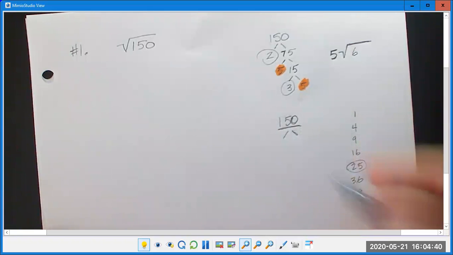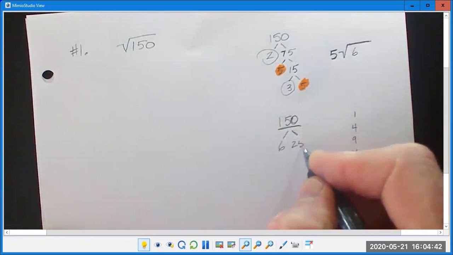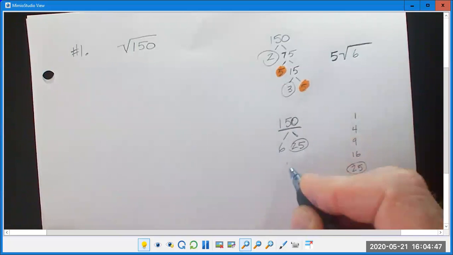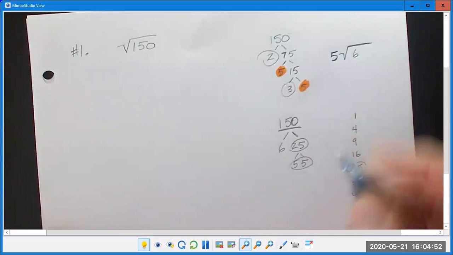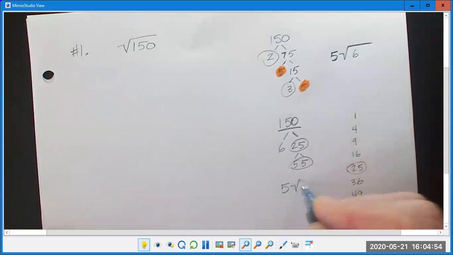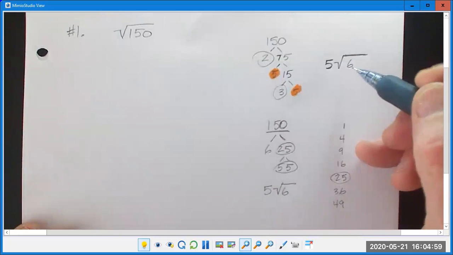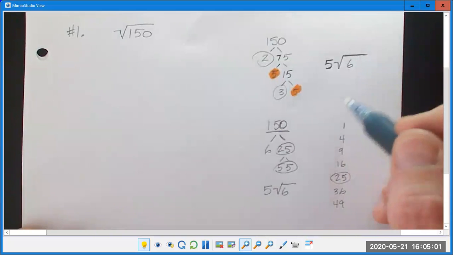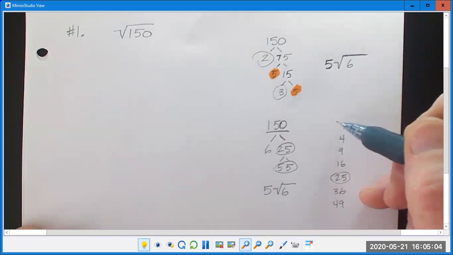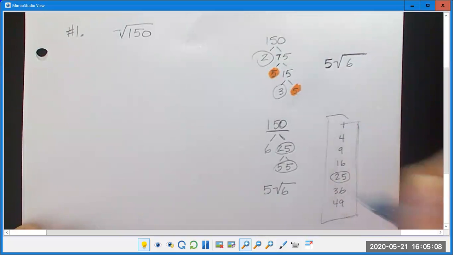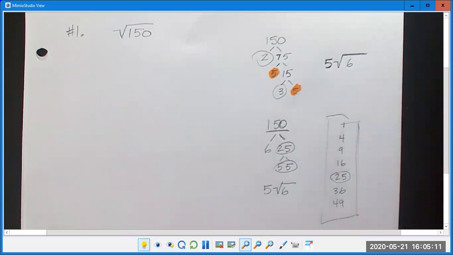This would be 6 times 25, and this is a perfect square, which would break down to 5 and 5. That would come out as a pair, and I would have 5 radical 6. So I got to the same place, and this will become more important as we deal with larger numbers, okay? But I always want to look for perfect square numbers that I can use as one of my factors. As soon as I get it, I know that I can pull that out.